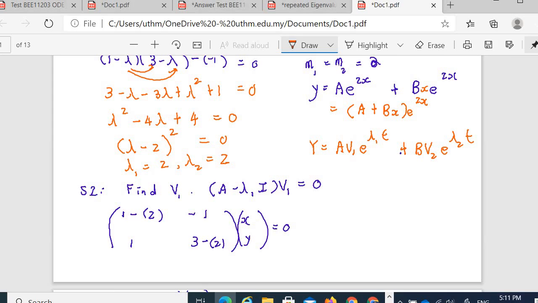This is what you learned last week before your semester break: if you have real and different eigenvalues, your solution for a homogeneous system will be a V1 e^(lambda 1 t) plus b V2 e^(lambda 2 t). Now lambda 1 equal to lambda 2, it looks like here, same m, same eigenvalue. So can we just multiply V2 here by t?